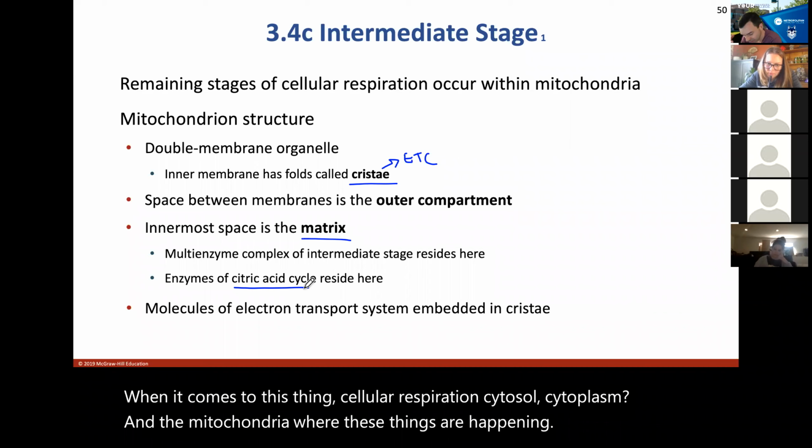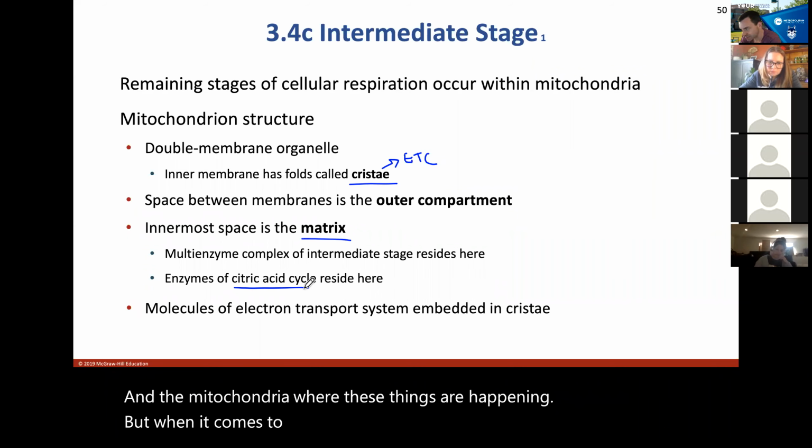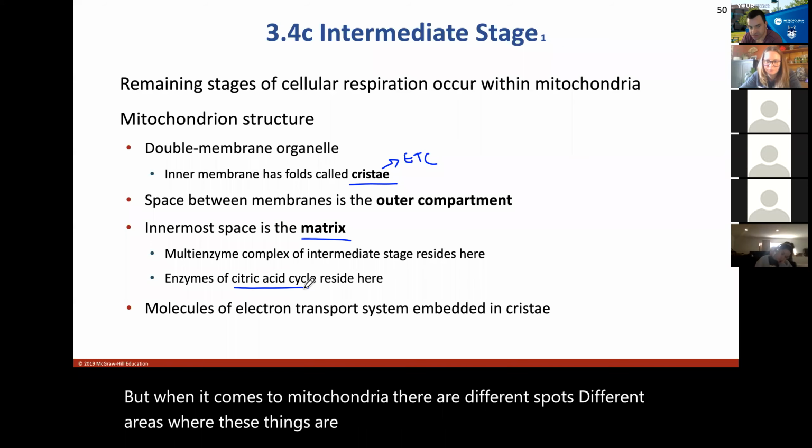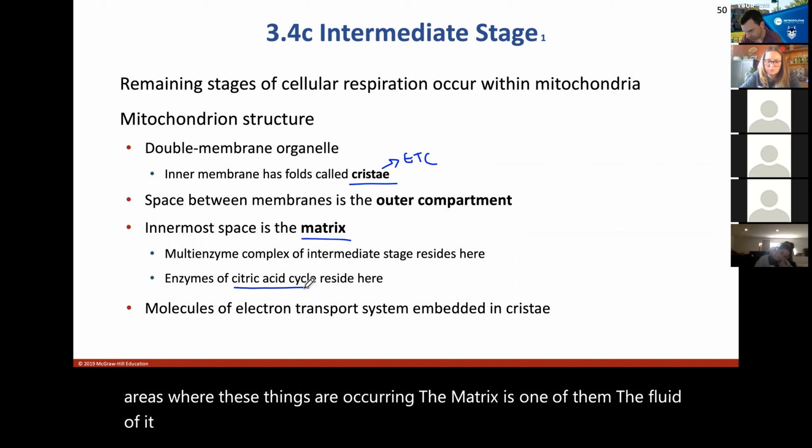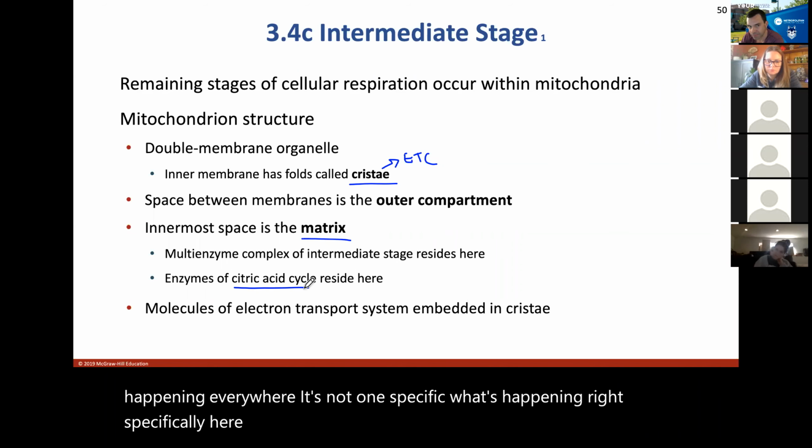But when it comes to mitochondria, there are different areas where these things are occurring. The matrix is one of them, the fluid of it. It's happening everywhere in the fluid component of the mitochondria.